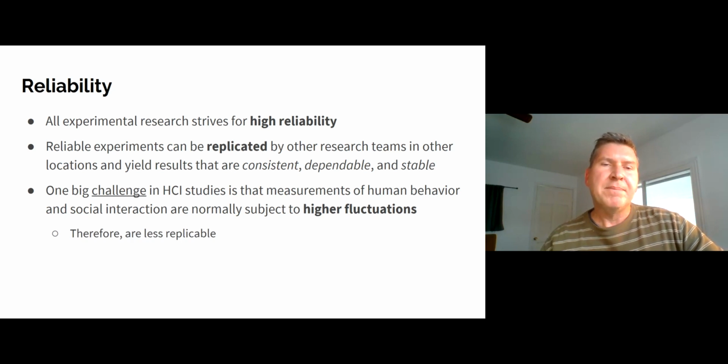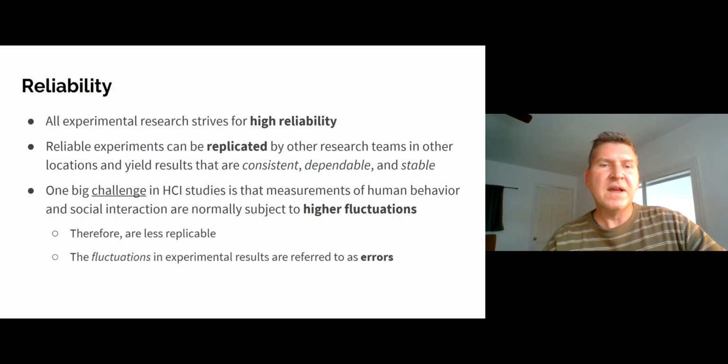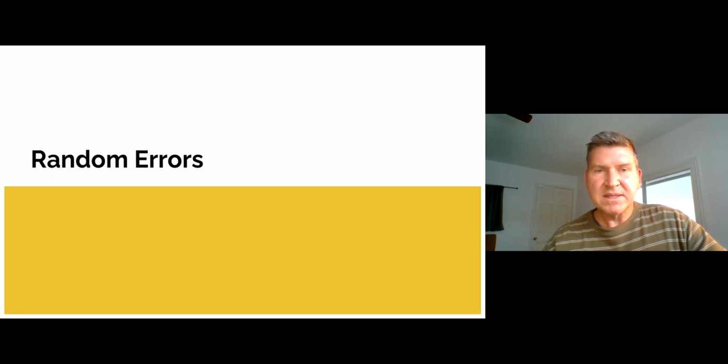Therefore, by nature of what we're measuring, our designs are less replicable than these others that we've spoken of. And the fluctuations, meaning the variance in the experimental results, are referred to as errors. When we talk about errors, what we mean are statistical errors, not necessarily mistakes that you've made in doing this study. Let's talk about some types of errors.